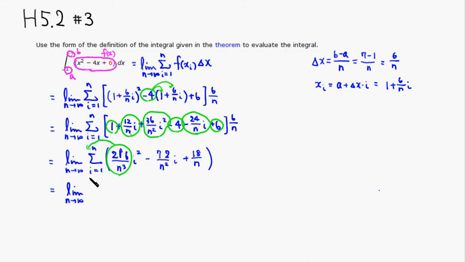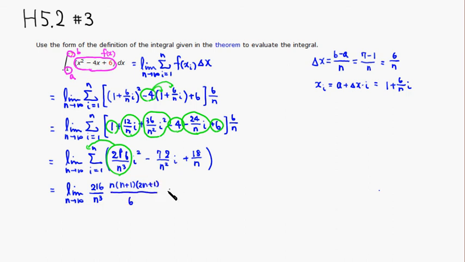So we have 216 over n cubed, then the summation of i squared, whose formula is n times n plus 1 times 2n plus 1 divided by 6.